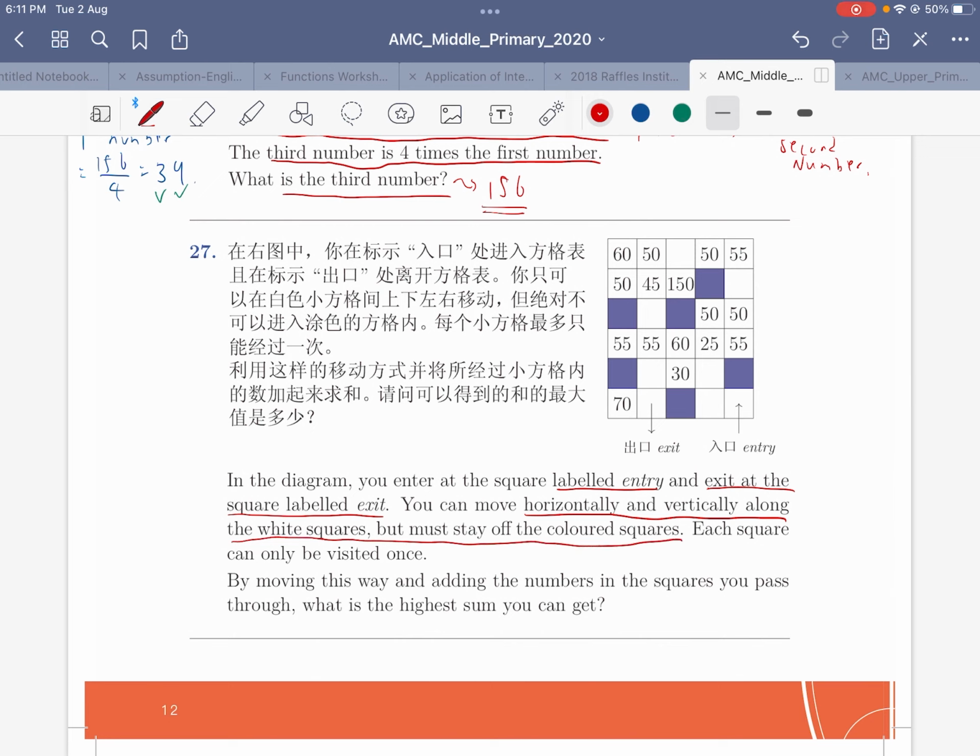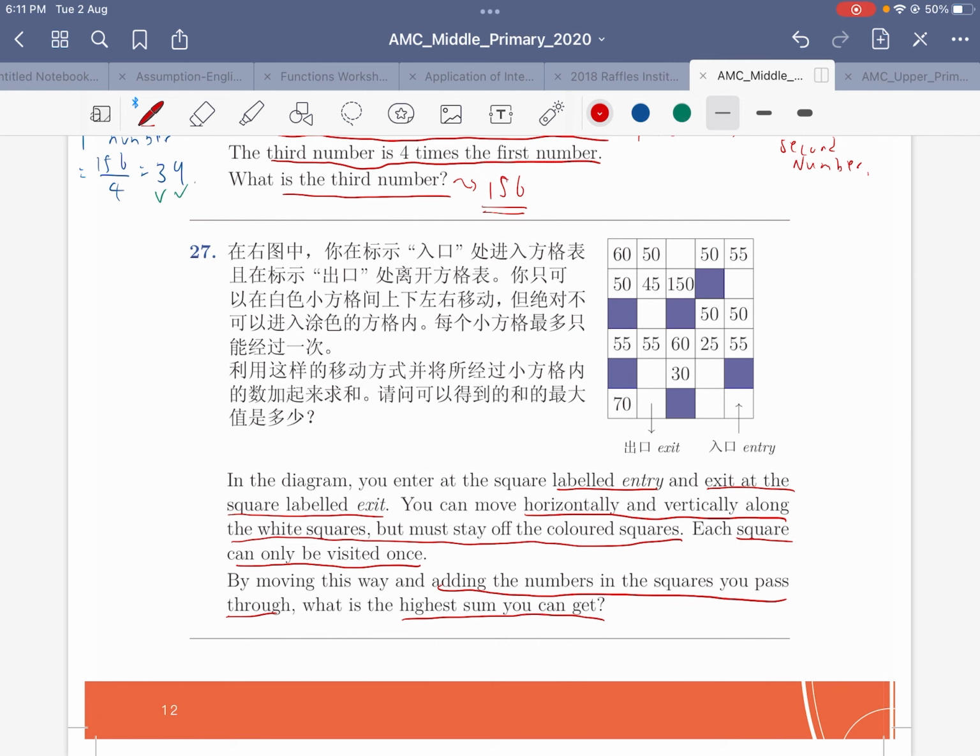Each square can only be visited once. By moving this way and adding the numbers in the squares you pass through, what is the highest sum you can get? So this one kind of gives Teacher Chi a little feel of a maze game over here, that we have to try to maximize the numbers over here. We try to collect as many points as possible.